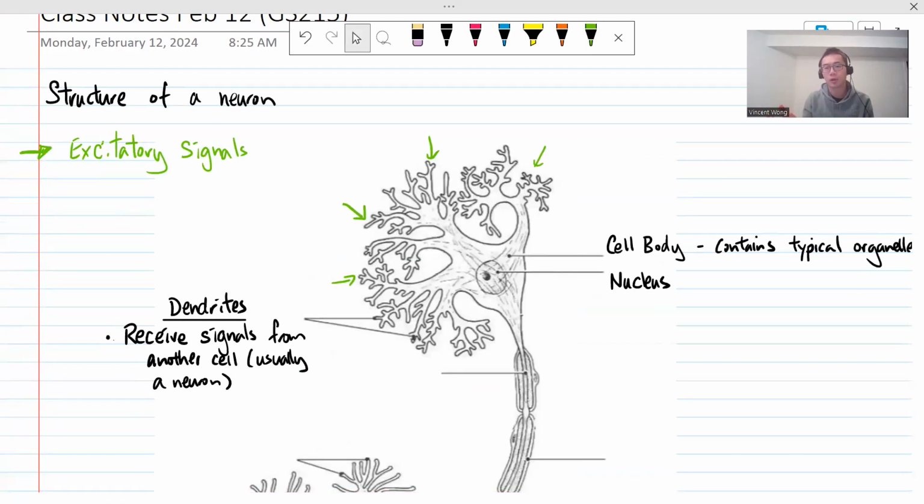It's telling the neuron to go ahead and pass this signal on, to turn something on, like move the hand. That's an example of an excitatory signal. And at the same time that it is receiving an excitatory signal, it could also be receiving an inhibitory signal.